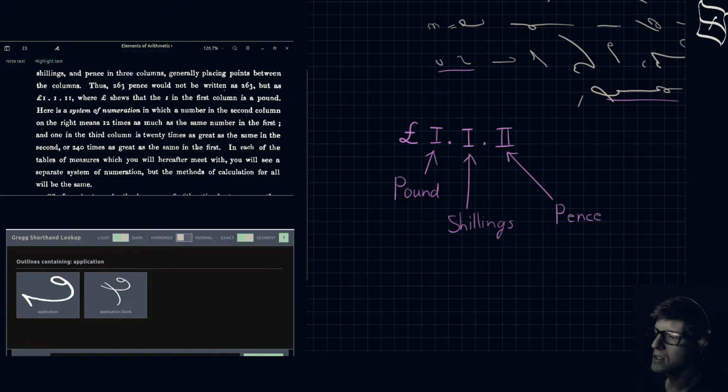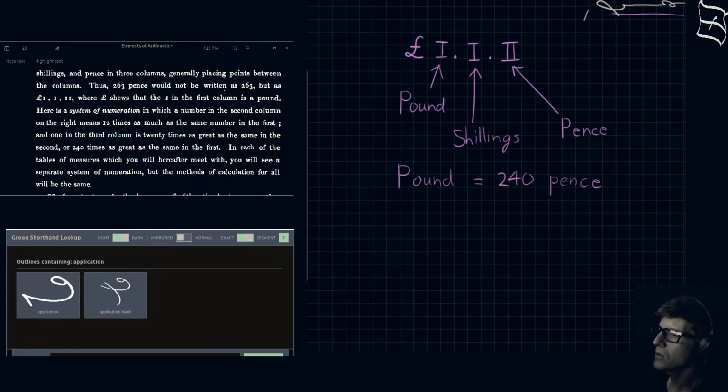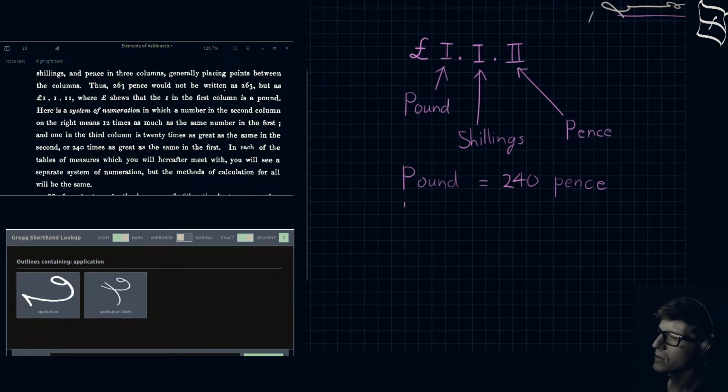So, in this instance, a pound is equal to 240 pence. Okay? A pound is worth 240 pence, and if I'm understanding this correctly, a pound is worth 12 shillings, right? A pound is worth 12 shillings.